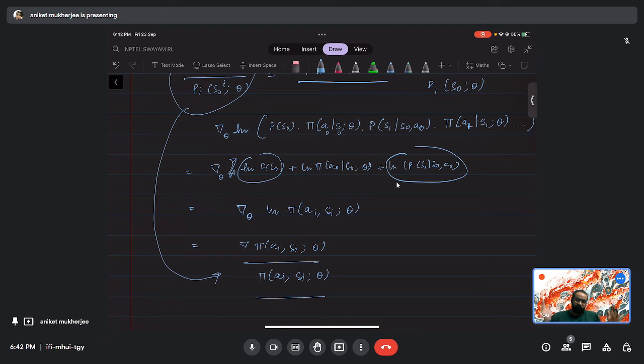You just require the policy. If we had the transition probabilities, then it wouldn't be a learning problem but a planning problem. The main problem in RL is that you don't have transition probabilities, which is why you don't want an equation that depends on them.